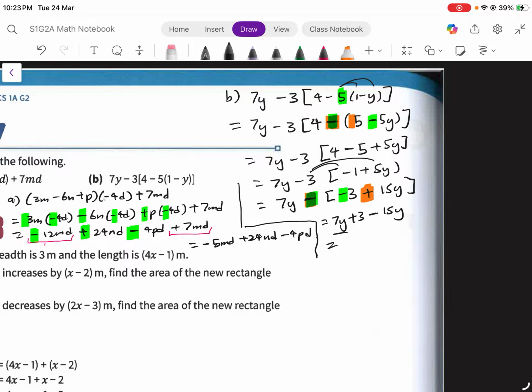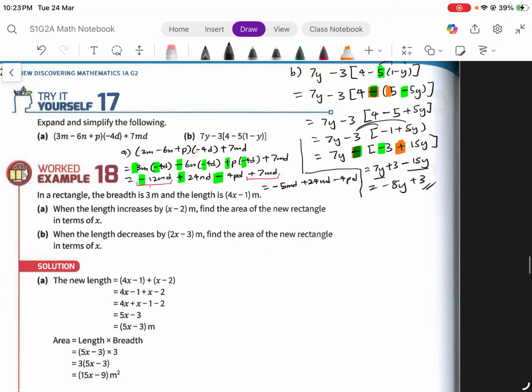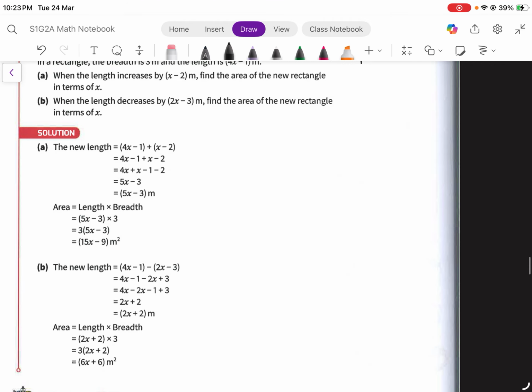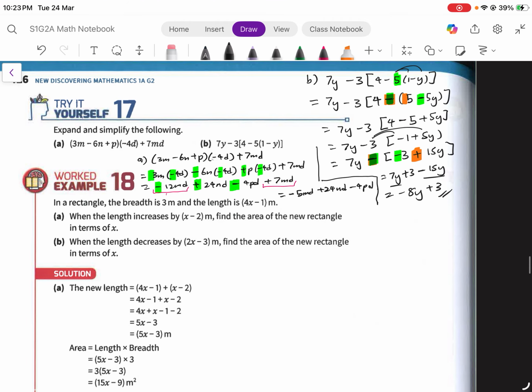So 7y minus 15y is minus 8y plus 3. Okay, so this is how you do these questions, right? So after you've tried it on your own, then look at the answer.